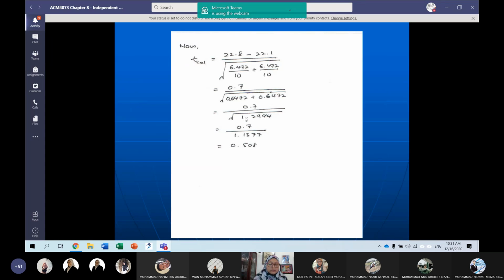Now we can divide 0.7 by 1.1377. I'm not sure if I got this right. The square root of 1.2944 is 1.1377. 0.7 divided by 1.1377 is 0.6152.